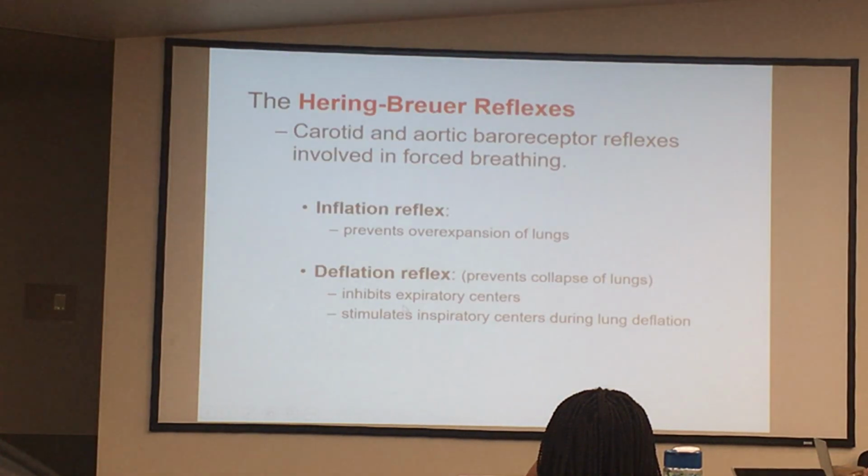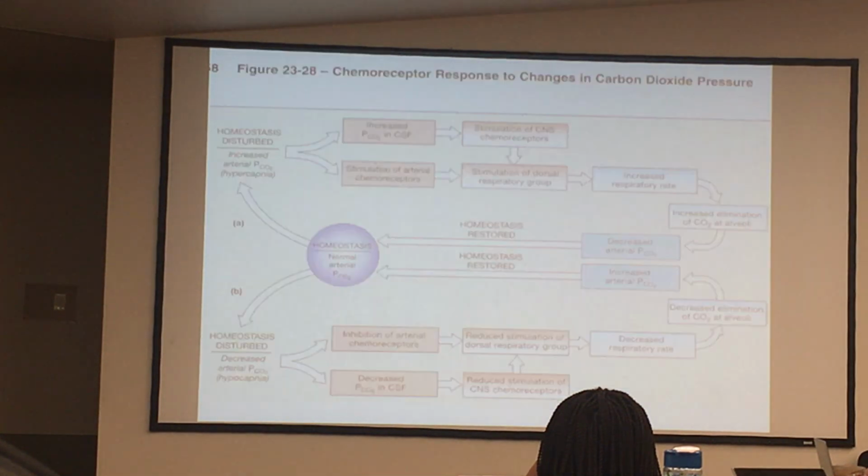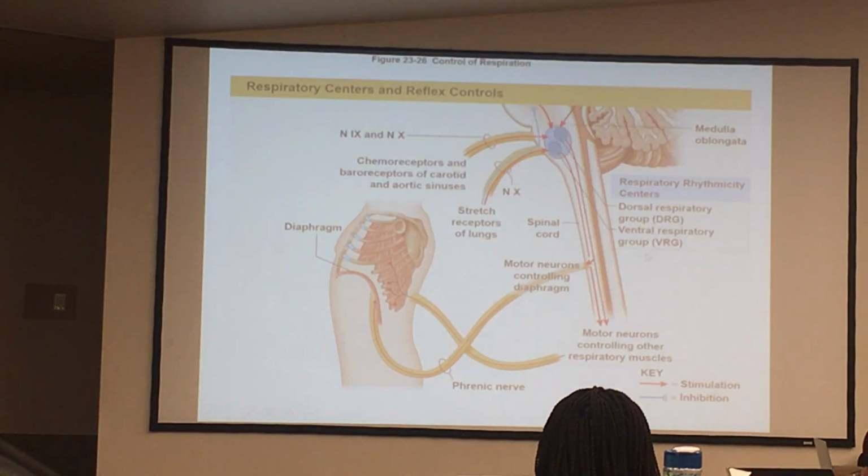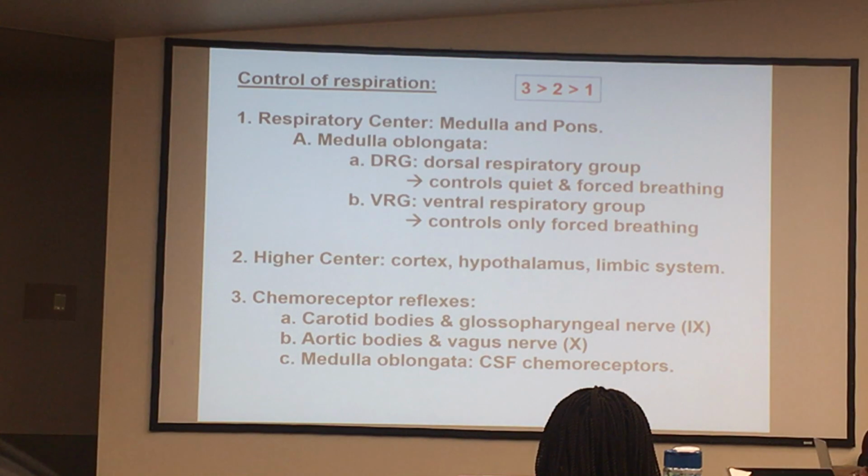Just to make it simple: in the normal condition, only the DRG; and for forced breathing, we will involve the VRG. So the dorsal will control the normal condition and forced breathing.